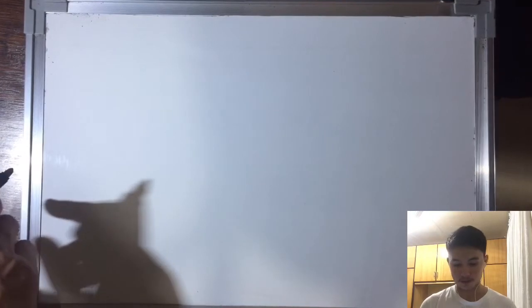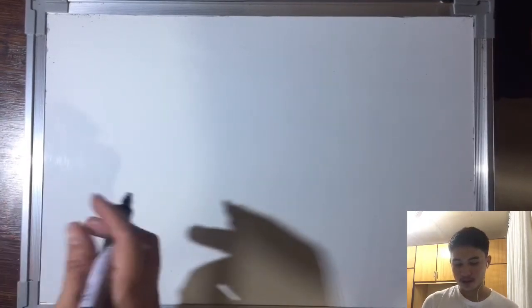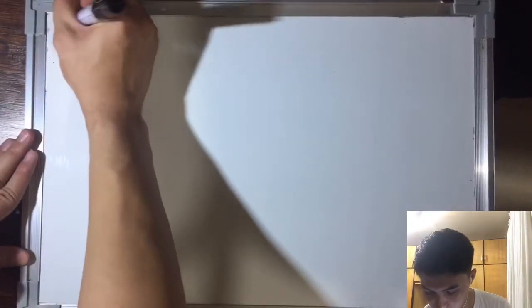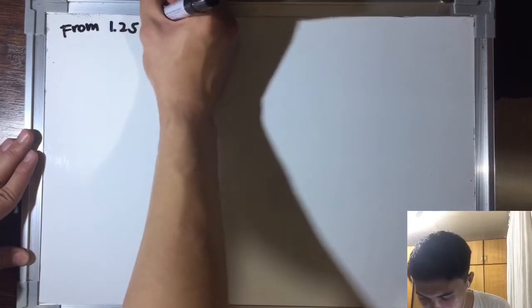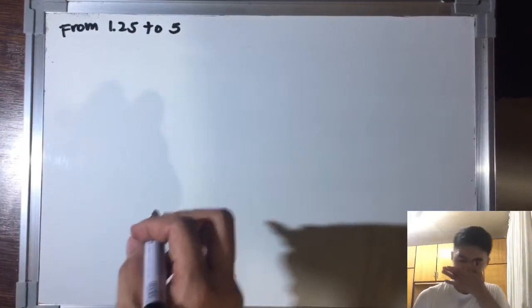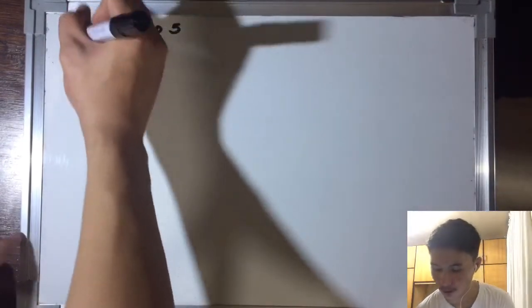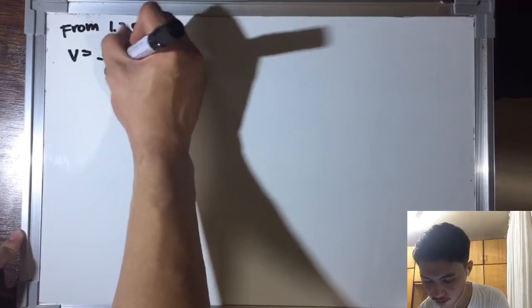So now that we are done solving for the position from 0 to 1.25, let us now move on to the second position, or the S2, from 1.25 to 5. So let us write that down: from 1.25 to 5 seconds. So again, our formula for position is v is equal to ds over dt.